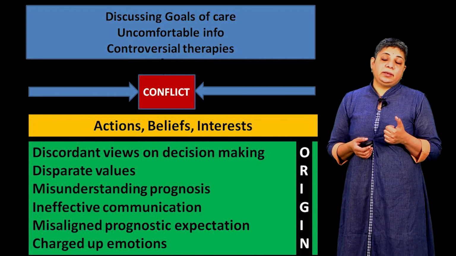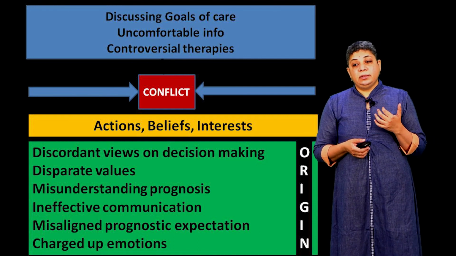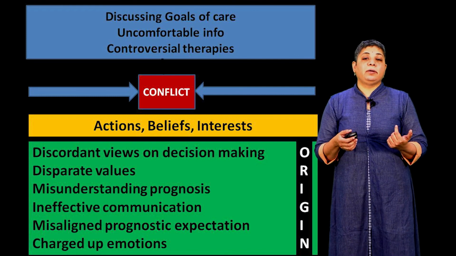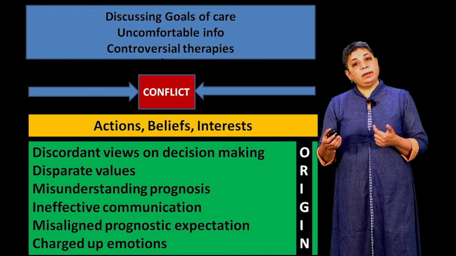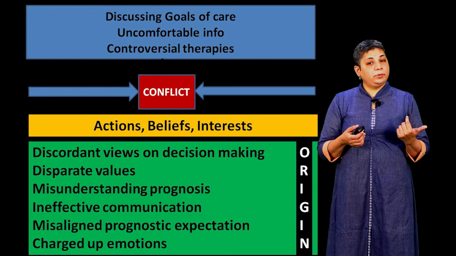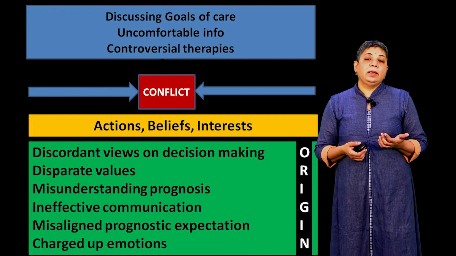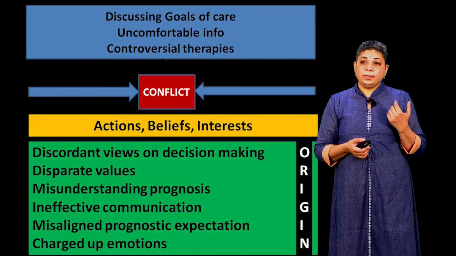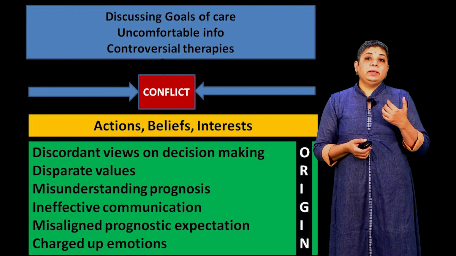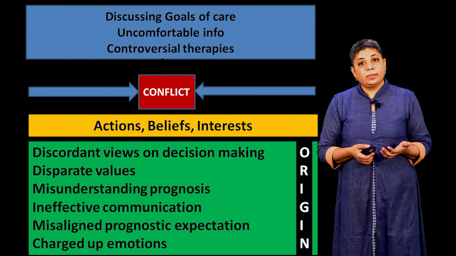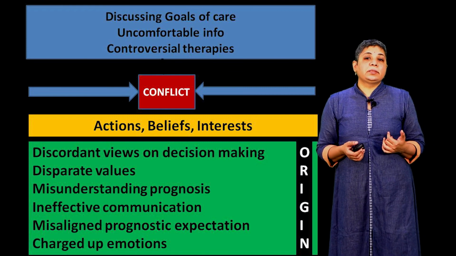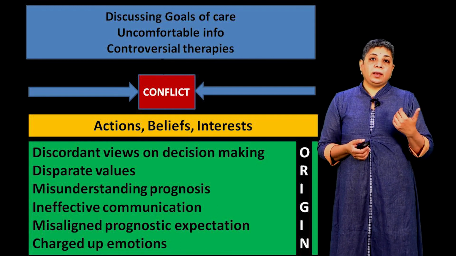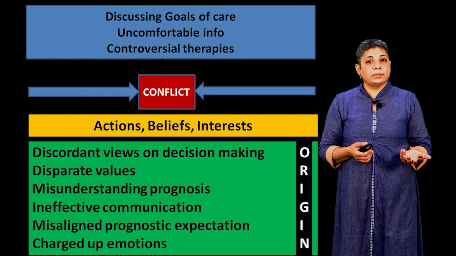In addition to that, when there is a discordant view among team members, or between nurses, physicians, family, patient and doctors, whatever it is. Second, when the values are different, values are disparate. Third, when there is a misunderstanding of prognosis. It could be anybody. The nurse could misunderstand it, the team members could misunderstand it, the other healthcare teams can misunderstand it.